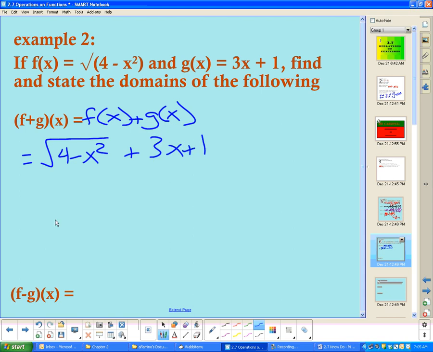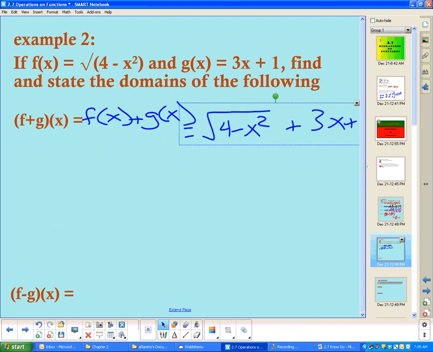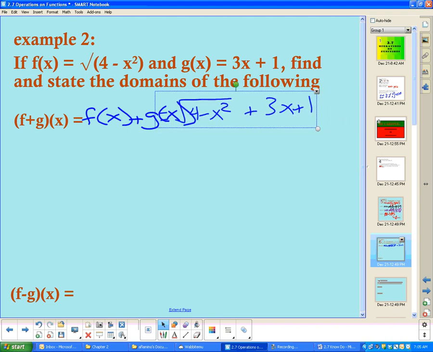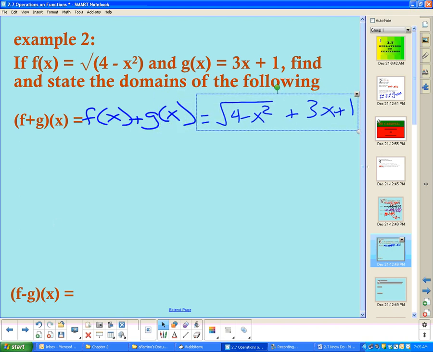Now, as I look at it, there's not a whole lot I can do to simplify that. I don't have any like terms. I don't have anything that I can reduce or cancel. So that actually is going to be my final solution for the function. It's not the prettiest one in the world, but it is what it is, and we'll just leave it like that. So that is the final definition there.